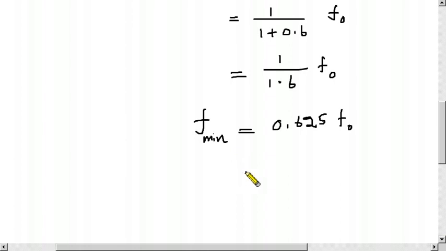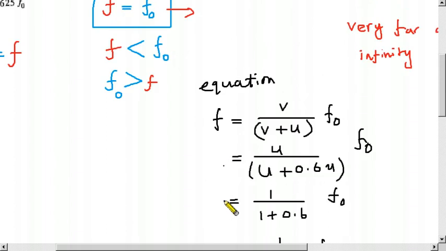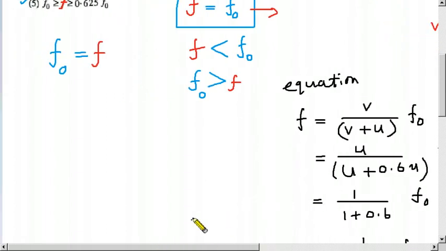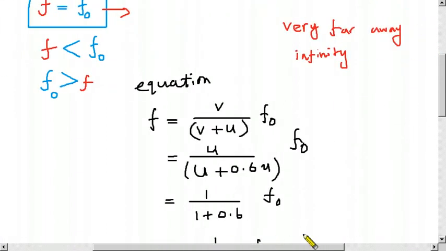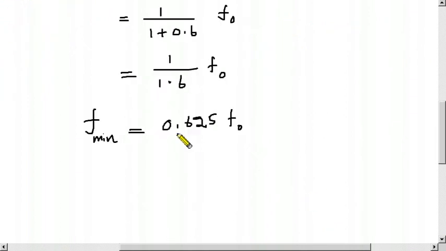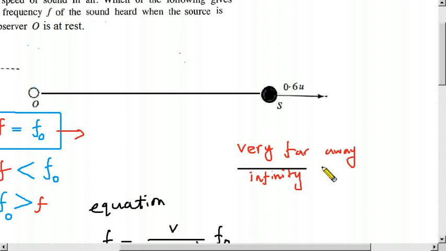F equals this one. But even though it is the minimum, we can't use this equal sign because it is at infinity. If it is at infinity, we can't hear any sound.